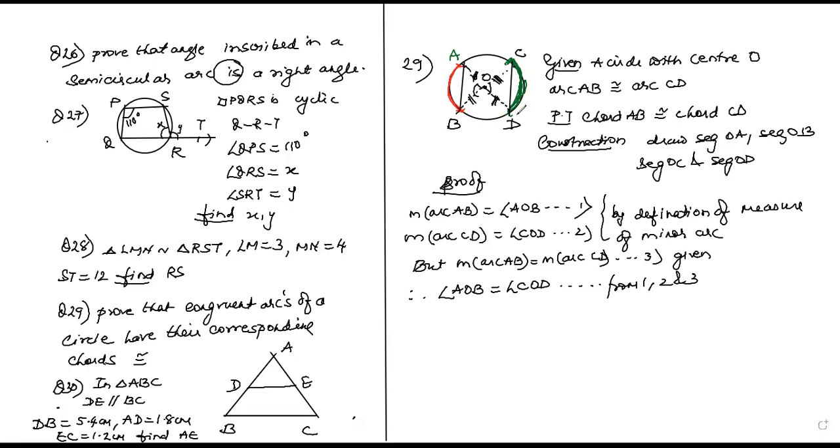Now you can look at both the triangles, children. In triangle AOB and triangle COD, segment OA is congruent to segment OC, radius of same circle.